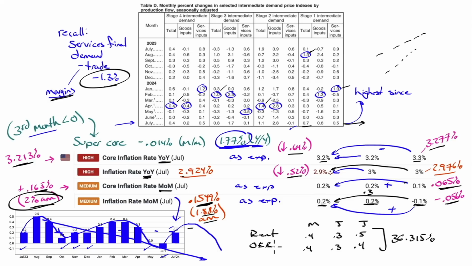If we look at rent and owner's equivalent rent, makes up 36% of the CPI. May, June, July, 0.4, 0.3, 0.5. That's going in the wrong direction for rent, 0.5. Owner's equivalent rent, 0.4, 0.3, 0.4. No progress here. And there's no progress here because, well, you're not building any new houses at a pace fast enough to increase the supply.